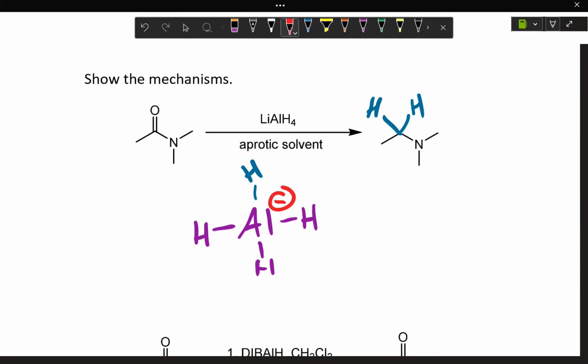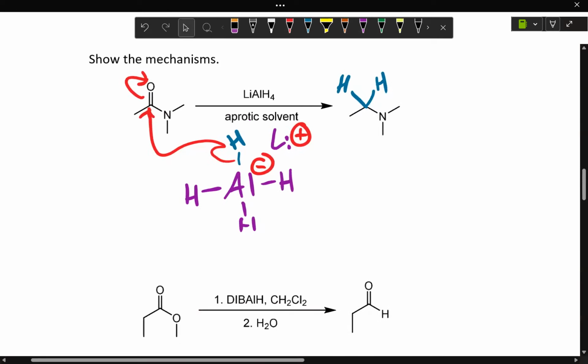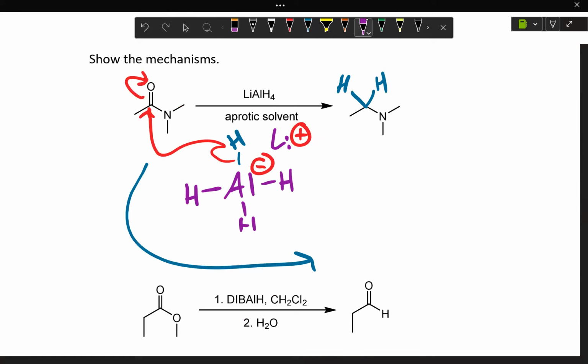Aluminum has a negative charge, and then lithium is just chilling out next to it. So if you remember with the lithium aluminum hydride reaction, the hydrogen is going to be what attacks the carbonyl and then push the electrons onto the oxygen. So the result of that step then gives us 1 hydrogen added on and an oxygen with a negative charge.